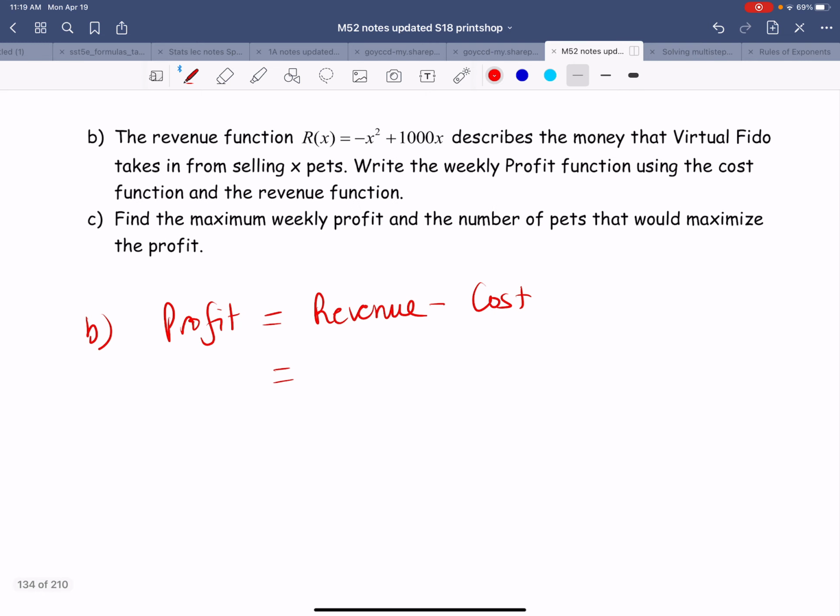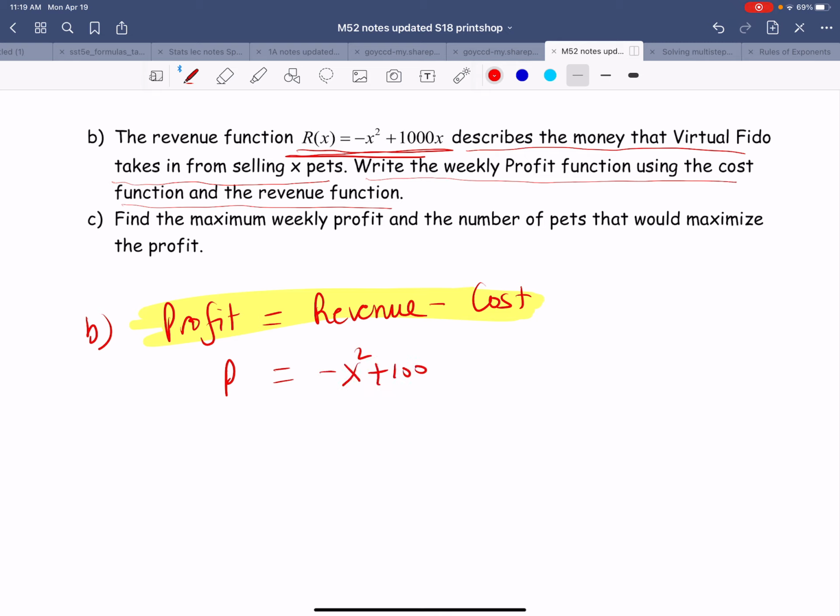Next part, the revenue function is given to be negative x squared plus 1,000x. Revenue describes the money that Virtual Fido takes in from selling x pets. Write the weekly profit function using the cost function and the revenue function. So profit is equal to revenue minus cost. So your profit is all the money you brought in minus everything that it cost you to get to that money. I'm just going to call it P, profit P. P is equal to negative x squared plus 1,000x minus the cost function.